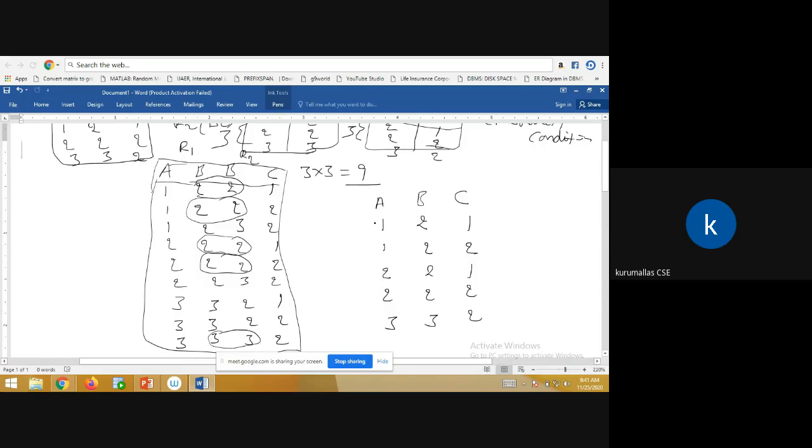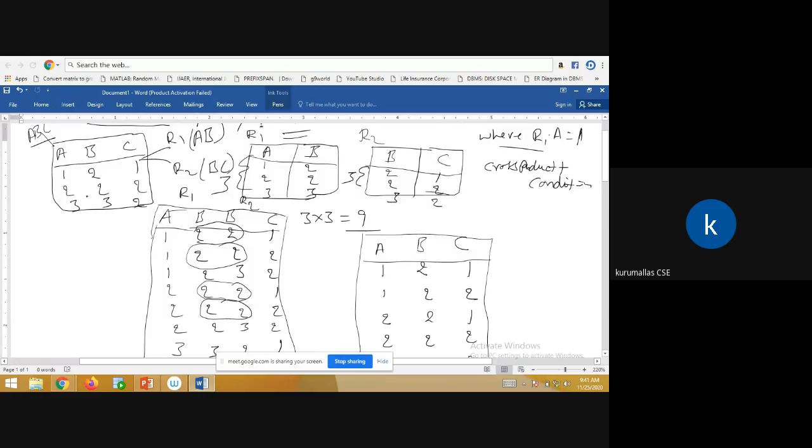So how many rows are there? This is one table, the resultant table. If you compare this resultant table with the original table, in the original table there are 3 rows.